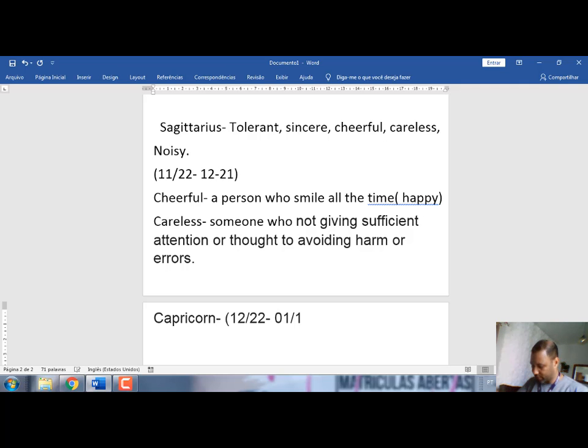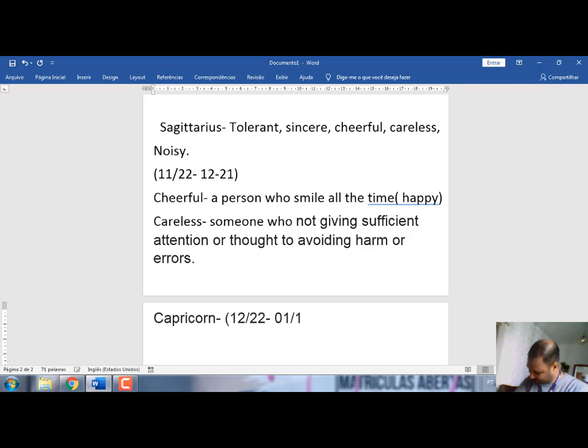The next one, guys, Libra, okay? Who was born September 23rd until October 22nd, right? Libra, guys, is a charming person. Who is Libra here, guys?